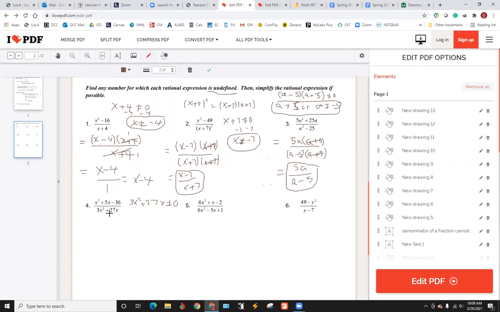So just to kind of get you started on number 4, the first part about the undefined is 3x squared plus 27x is not equal to 0. So just solve that, and that'll tell you what makes it undefined.